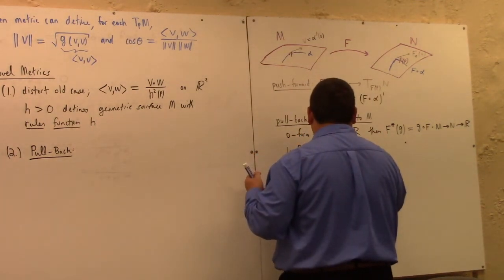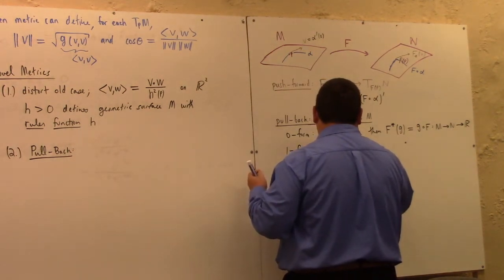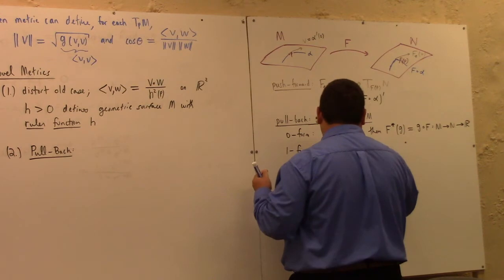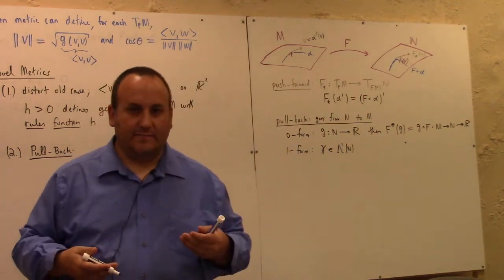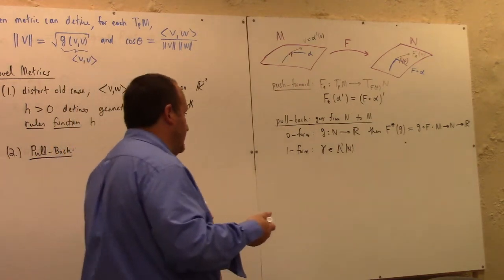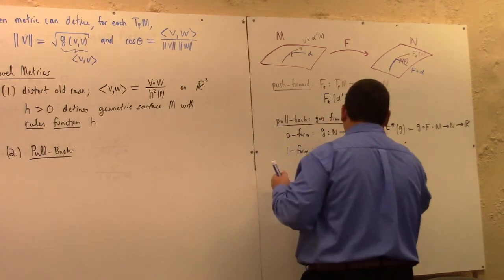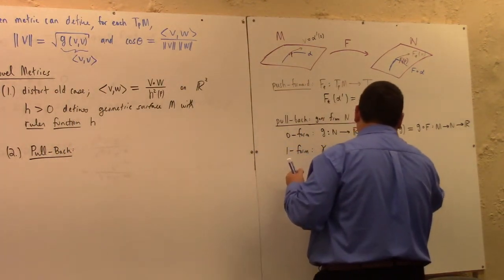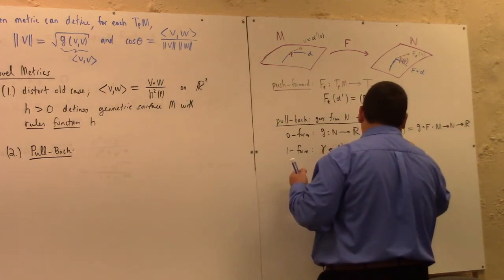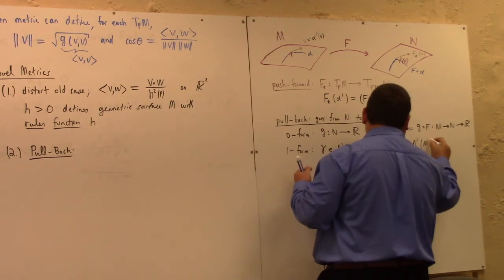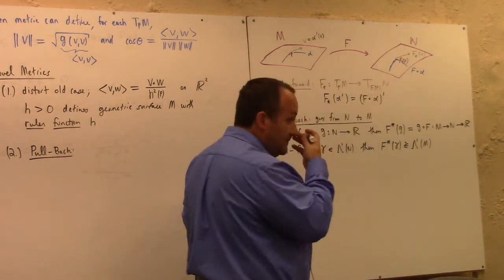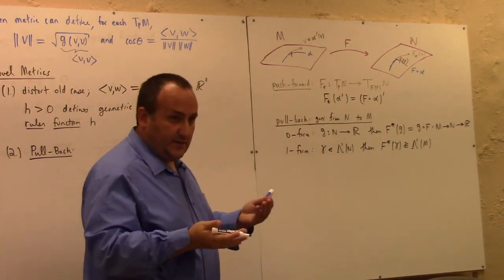So suppose gamma is an element of the one forms on N. We could use lambda upper 1 of N for one forms on N. Then the pullback under F of gamma is in fact a one form on M. Here's how it works.